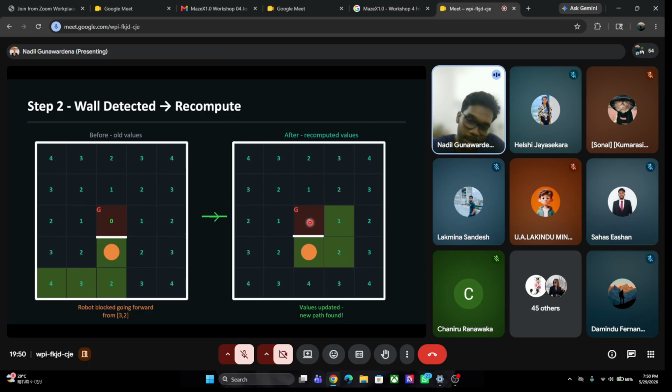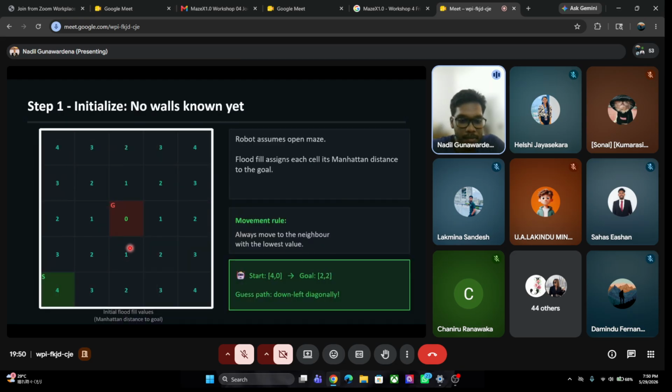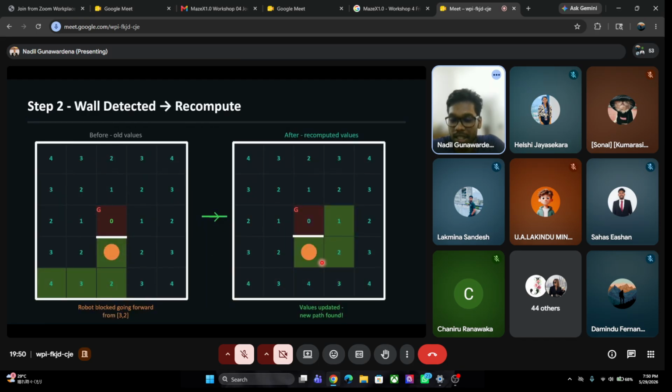So it just recomputes the flood fill algorithm. It initiates 0, and for the neighboring cells it gives 1. This cell received one in the initialization phase, but in this scenario it is not a neighboring cell, right? So it didn't assign one to this cell.